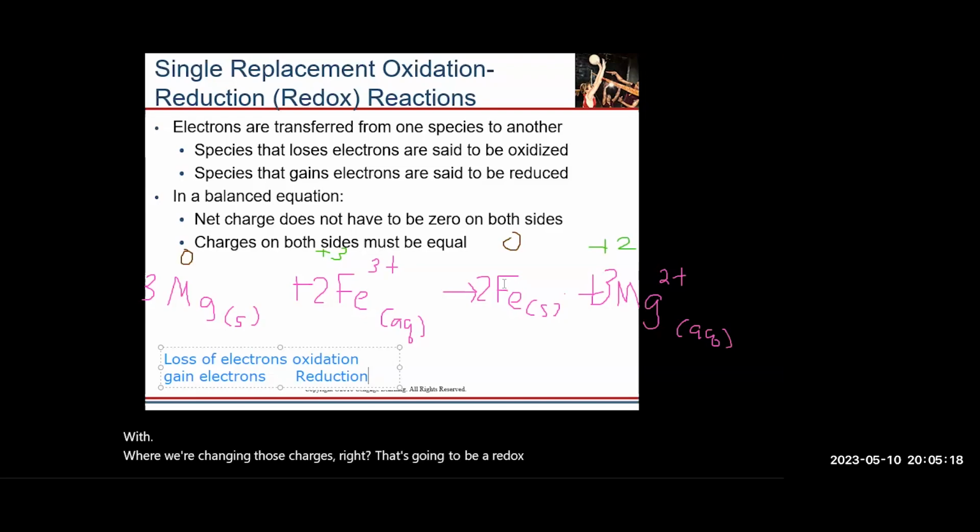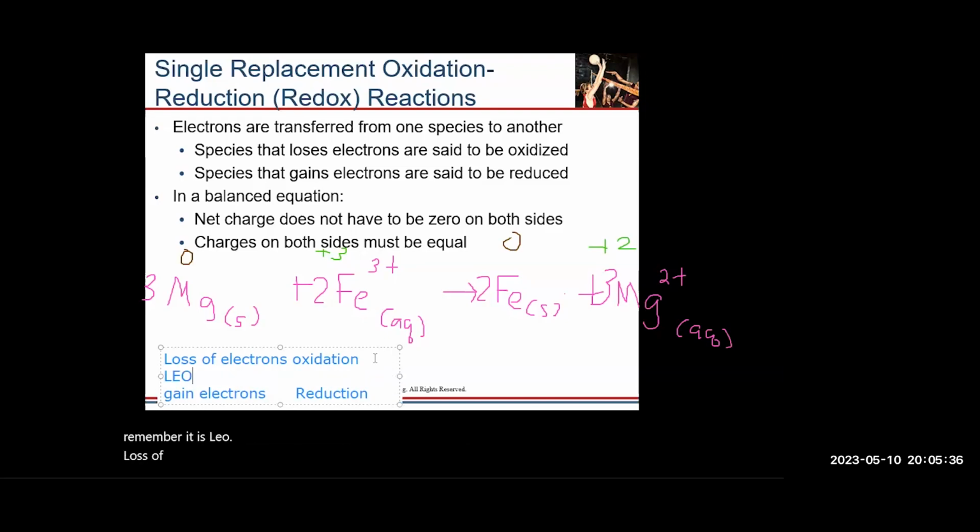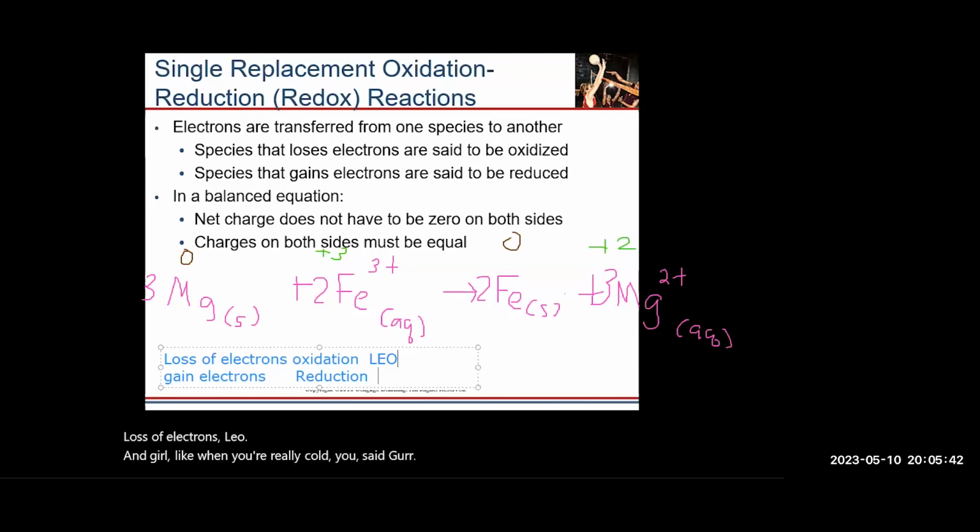Most single replacement reactions are going to be redox reactions, and one of them is going to be oxidized and one of them is going to be reduced. The way I always remember it is LEO, loss of electrons, LEO, and GER. Like when you're really cold, you say GER.